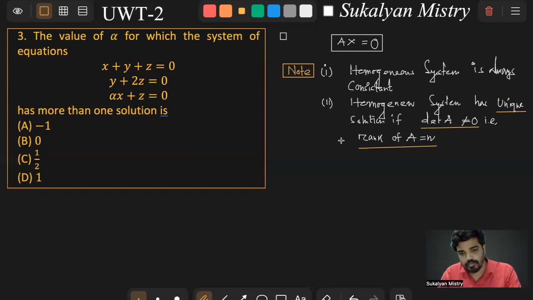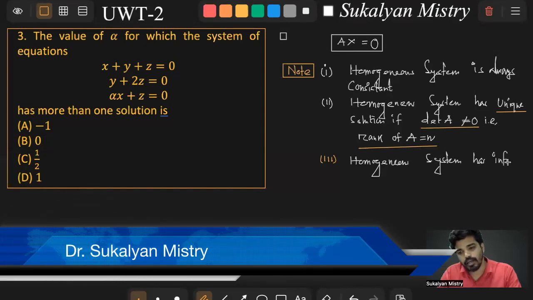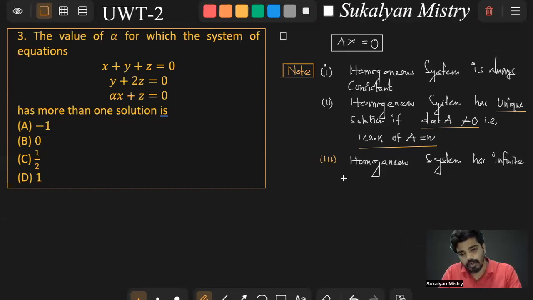Number 3, homogeneous system has infinite number of solutions. Infinite number of solution means more than one solution.